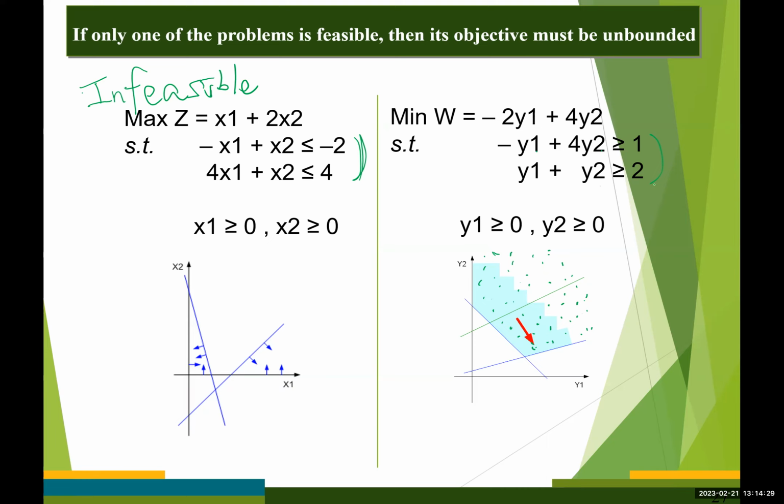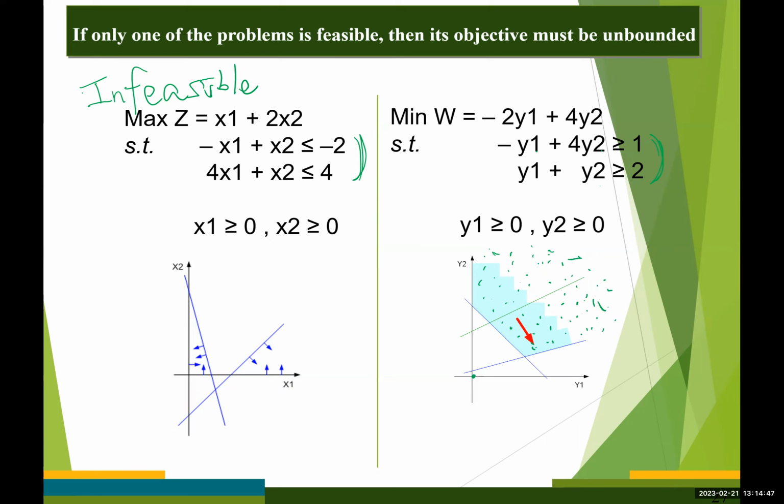Also 0 plus 0 is not greater than or equal to 2, right? Which means this origin cannot be a feasible point considering these two constraints. That's why the feasible region should be up here, okay?